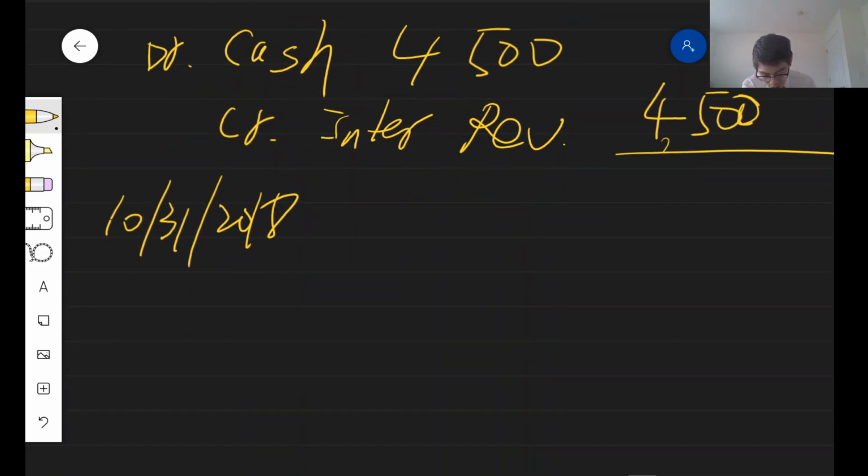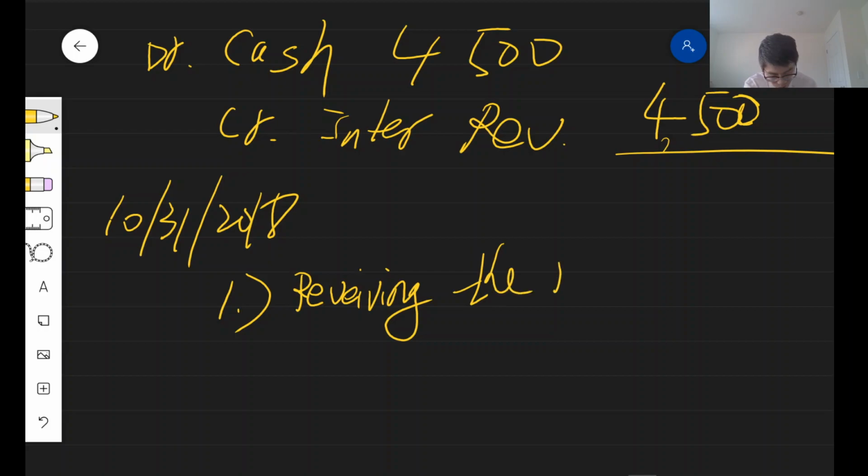First journal entry is for receiving the note payment, which is the principal.